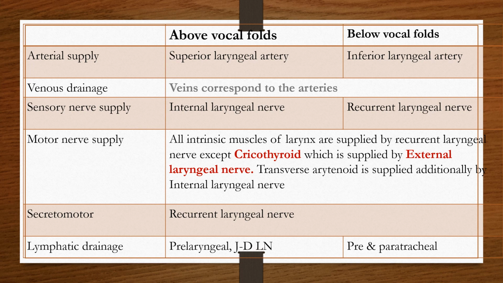So the transverse arytenoid has two peculiarities: it is an unpaired muscle and it has a double nerve supply. Secretomotor fibers come from the recurrent laryngeal nerve. Lymphatic drainage above goes to the pre-laryngeal group and jugulo-digastric nodes, and below goes to the pre- and paratracheal group of lymph nodes.